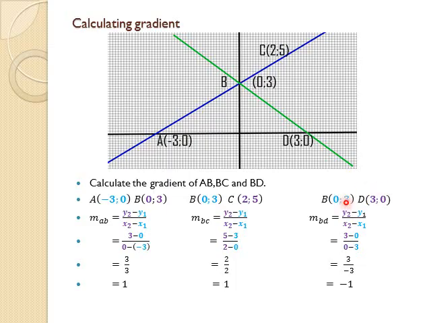So that y value, 3 minus 0, the colors just have to swap. And then 0 minus 3 gives me 3 over -3, which equals -1. If I worked vice versa, I would have had 0 minus 3, which gives me -3, then 3 minus 0, which gives me positive 3, which still becomes -1. So that is how we're going to calculate gradient.